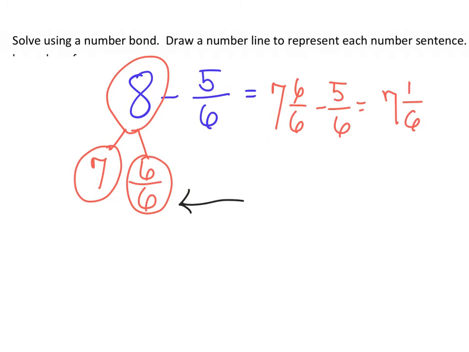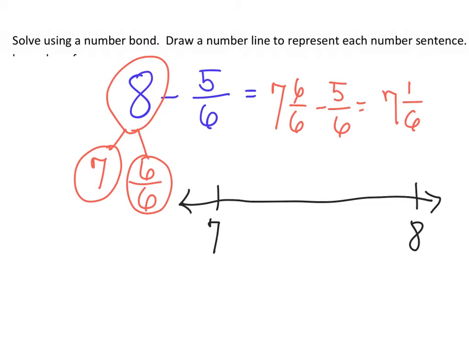So there we go. And since we have the whole numbers 7 and 8, I'm going to start with the whole number 7 and end with 8. And what we're going to do is split this up into sixths.